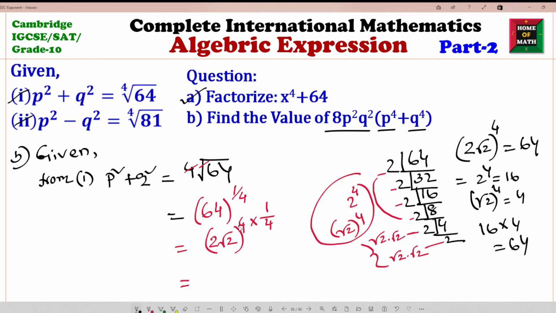And here the 4 and 1 by 4 cancel out, so p square plus q square equals 2 root 2. So from equation 1 we get p square plus q square equals 2 root 2. Given one is equation 1, another one is equation 2.